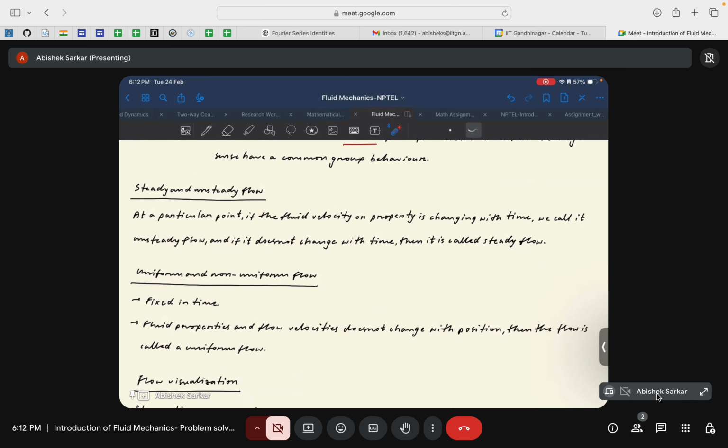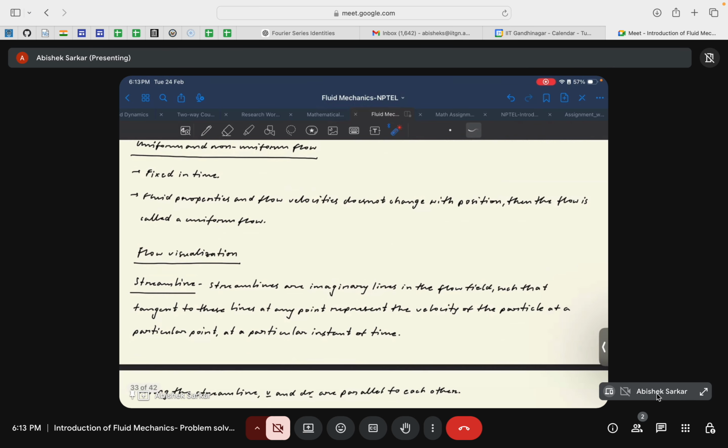Or in a formal way, as described by Professor Chakraborty, at a particular point, if the fluid velocity or a property is changing with time, we call it unsteady flow, and if it does not change with time, we call it a steady flow. Okay, very formal definition and quite accurate, it seems.